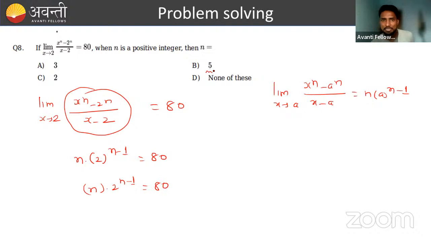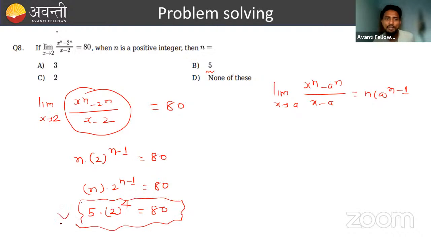But if I write 5 into 2 to the power 5 minus 1, that is 5 into 16, it is coming as 80. So by hit and trial you can directly see that if the value of n is 5, only then we will get 80. This was a very easy question. So 5 is the correct answer.